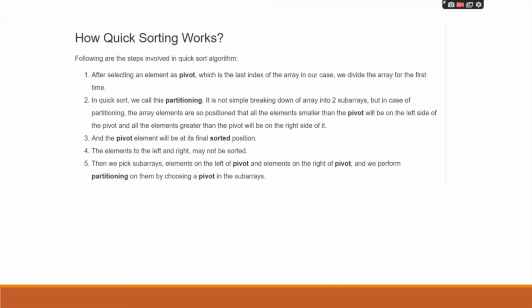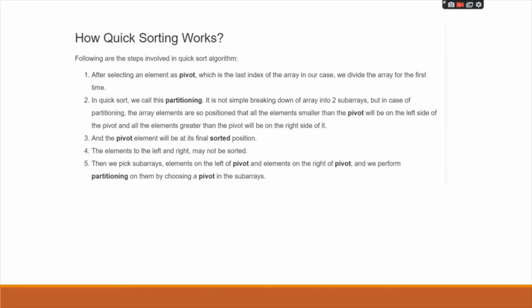It is not simply breaking down the array into two sub-arrays. In partitioning, the array elements are positioned so that all the elements smaller than the pivot will be on its left side and all elements greater will be on its right side, and the pivot element will be at its final sorted position.